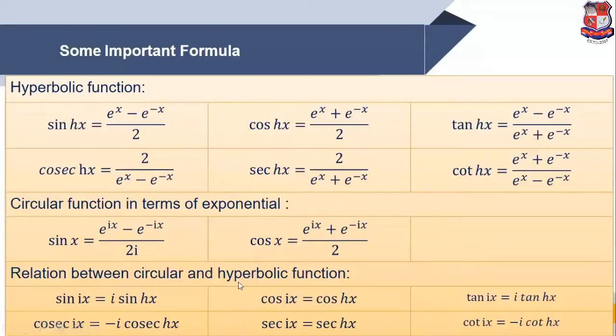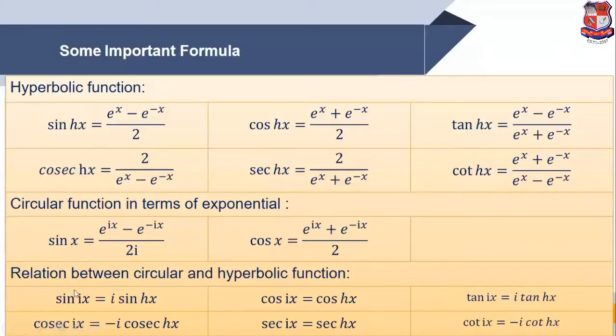The relation between circular and hyperbolic function is very important. Sin ix is nothing but i sin hyperbolic x. This formula is very, very important. Sin ix is equal to i sin hyperbolic x, and cos ix is equal to cos hyperbolic x.